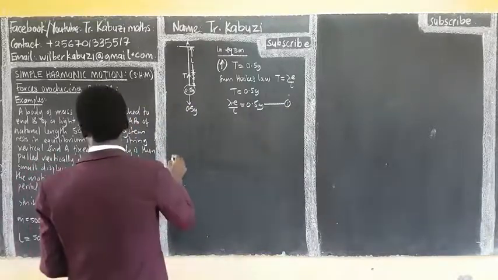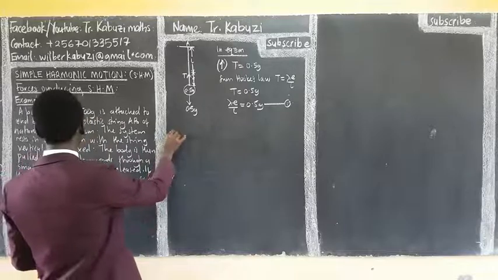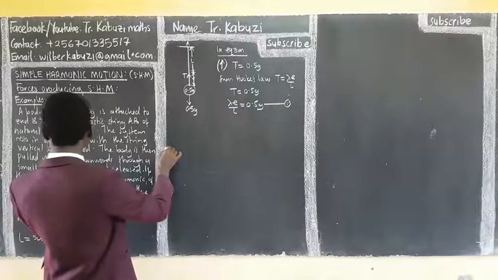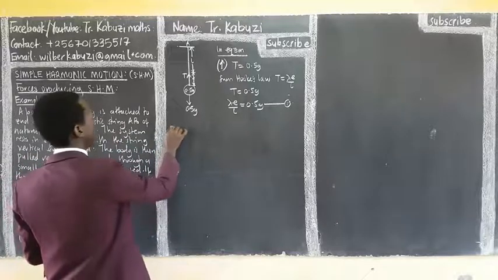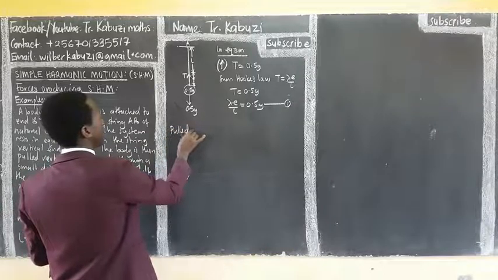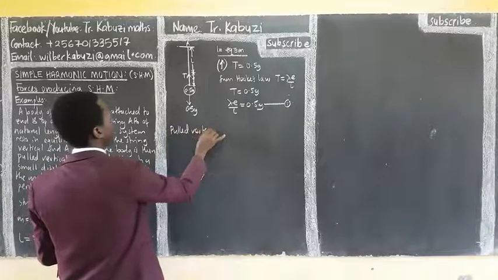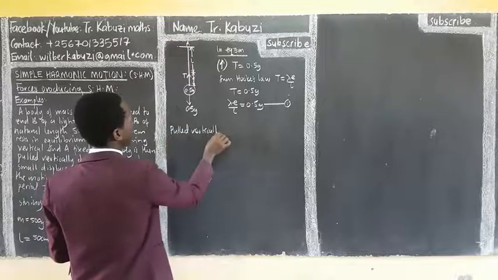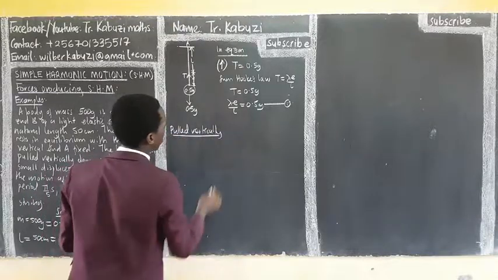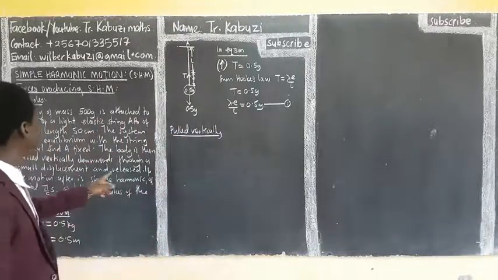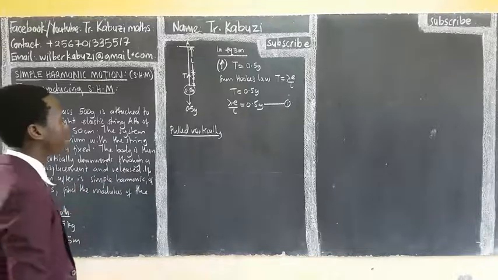Now I come to the second case. The body is then pulled vertically downwards, so we also draw a sketch for it. It's pulled vertically through a displacement.